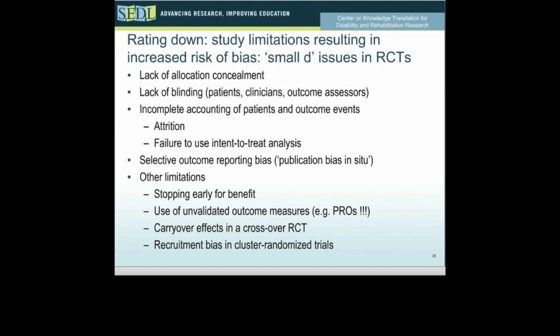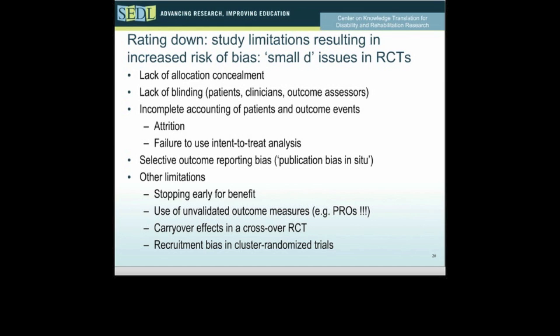And then there may be such things as stopping early for benefit. People, whether following rules or not following rules, analyze the data on a regular basis as they come in, and at the moment that they find a statistical difference, cry out hallelujah and stop collecting data and rush into print.